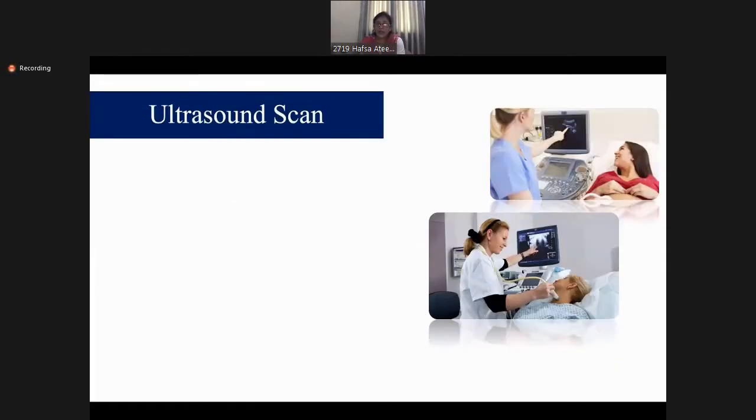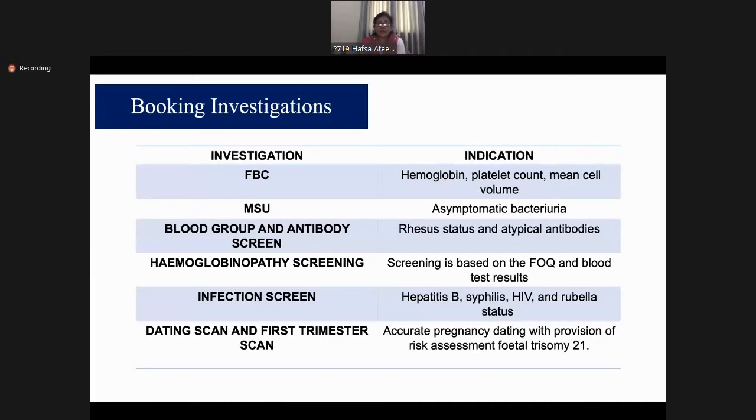Now, why is an ultrasound important? Again, it's important for the dating scan and first trimester scan. Accurate pregnancy dating with provision of risk assessment for fetal trisomy 21. Pregnancy dating is very important, and the fetal risk assessment for trisomy 21 is important in the first trimester scan.